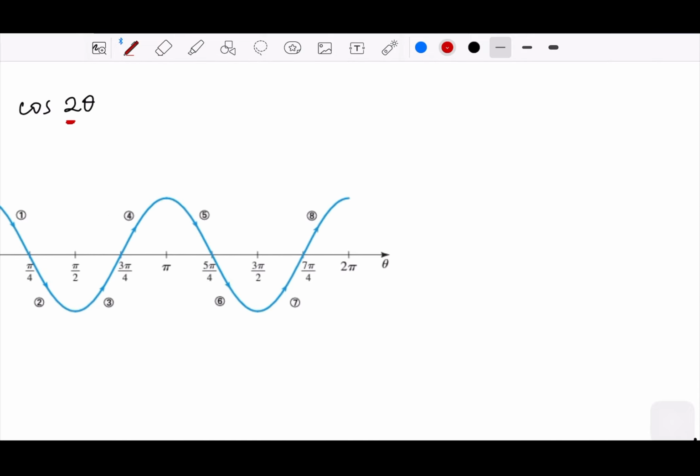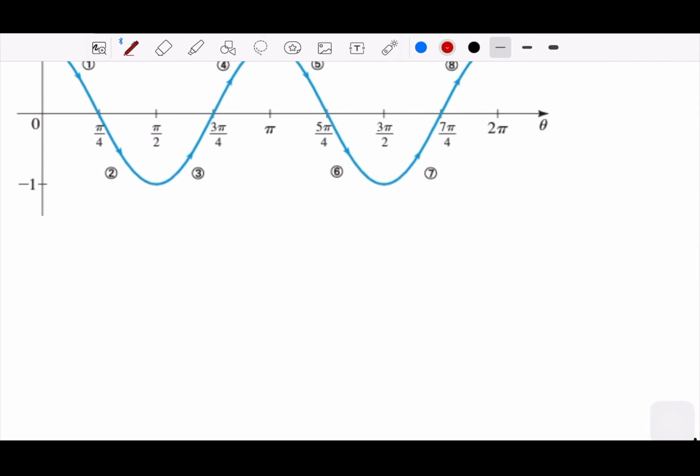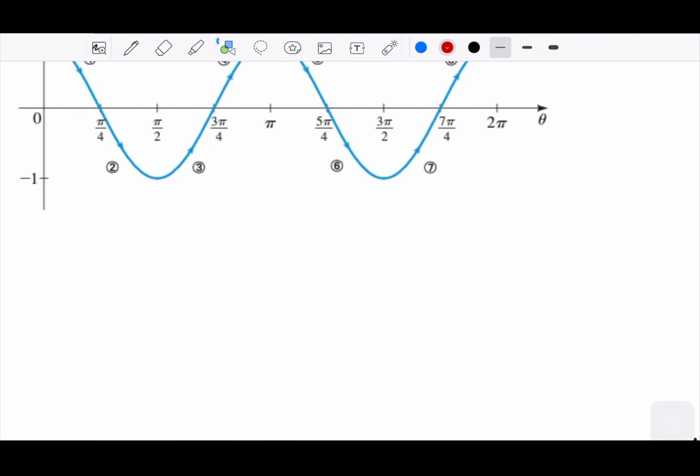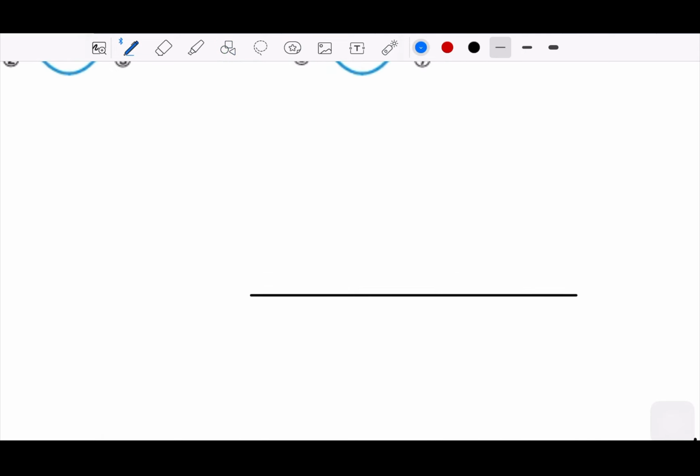So let me just draw the polar axis. Okay, this is the polar axis. Let's start from theta equals 0.